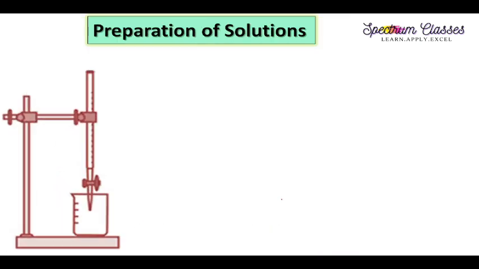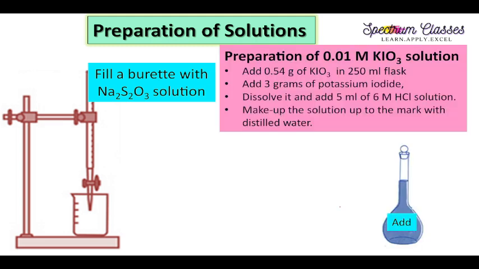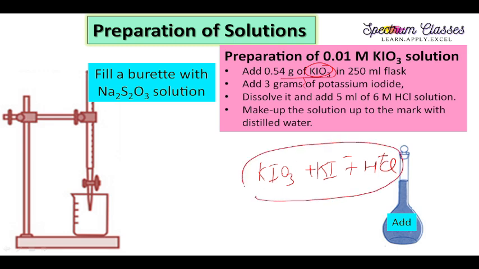I am just going to show you how we are going to prepare the solution and how the reactions will go on. In my previous case, I have written one reaction in which potassium iodate, KIO3, is there, and some I minus, that is KI, plus some H plus ions, which means HCl. So here you can see the preparation of the solution has these three ingredients.